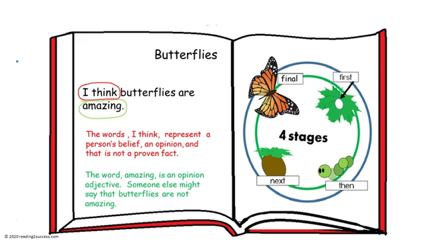This is an opinion sentence, and two of the reasons given by kids were the words I think represent a person's belief and opinion, and that is not a proven fact. And another one was the word amazing is an opinion adjective. Someone else might say that butterflies are not amazing.